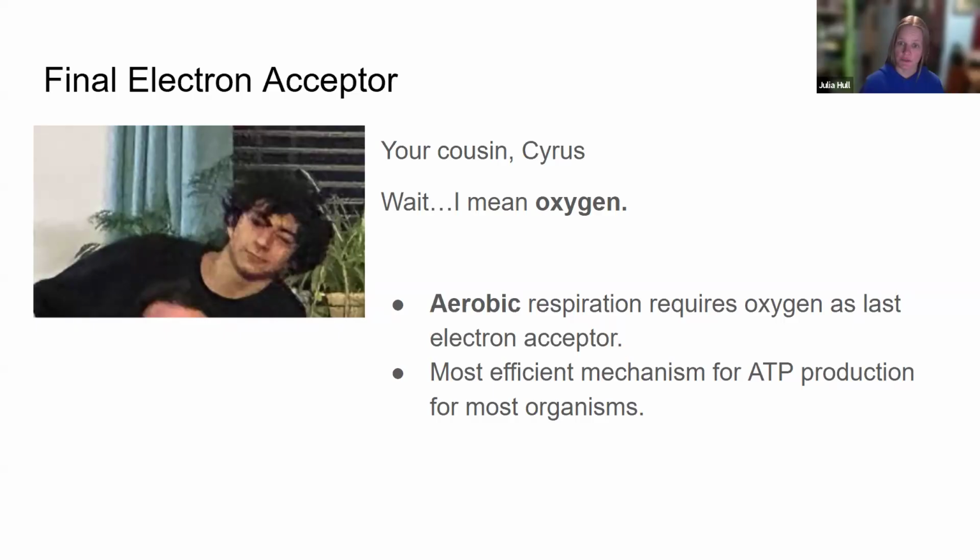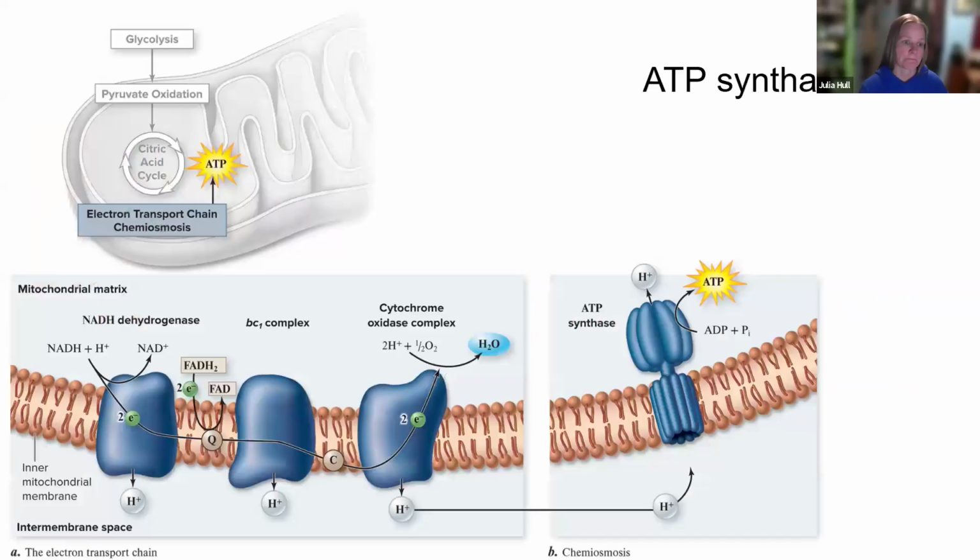And that's why we're talking about aerobic respiration: we need this oxygen. Without oxygen as the final electron acceptor, those electrons don't have anywhere else to go. For most organisms, this electron transport chain is the most efficient mechanism for producing ATP. So aerobic respiration is where it's at.